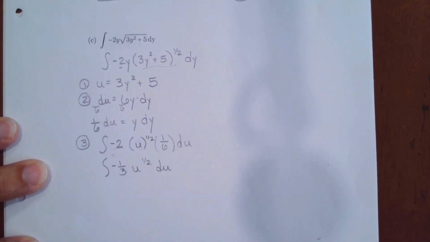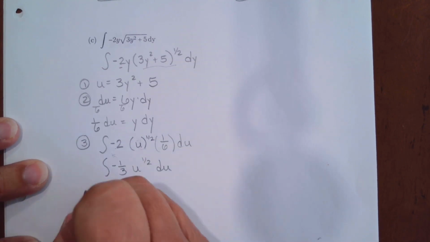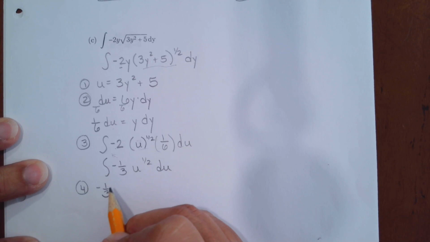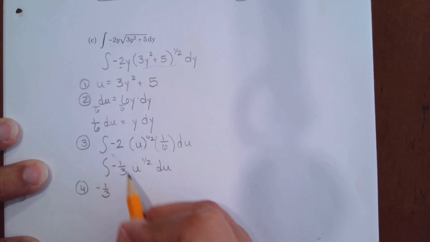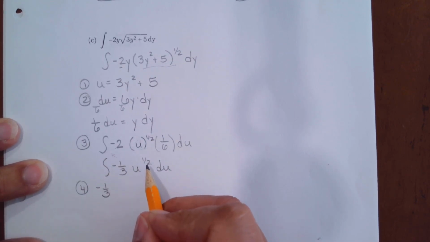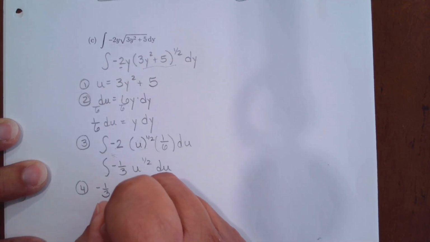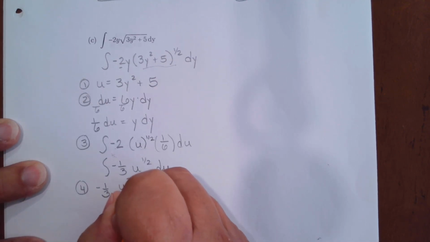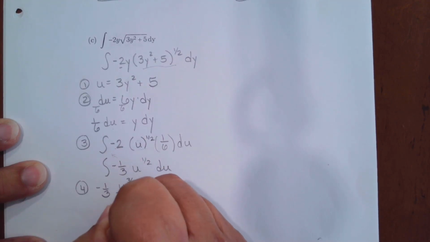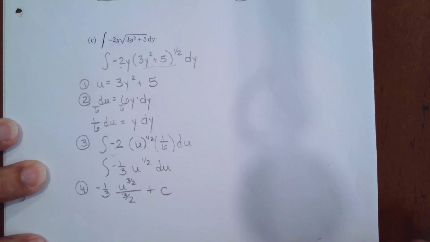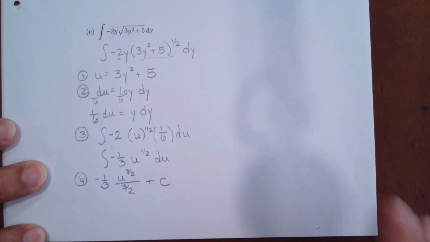All right, so now we're ready to integrate. The negative 1/3, the constant just comes out front, and we're just going to integrate u to the 1/2. So we're going to add 1 to the exponent and put it over that number. So add 1 to 1/2, we get 3/2, and we're going to divide by 3/2, plus c. Let's simplify first.